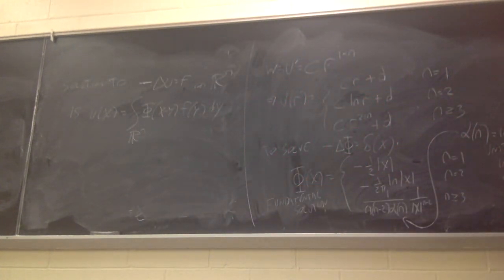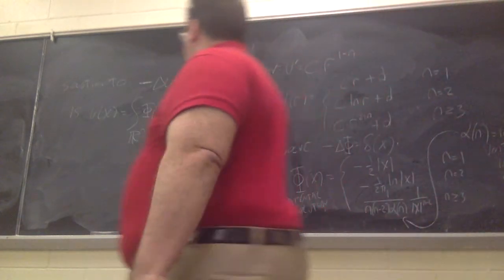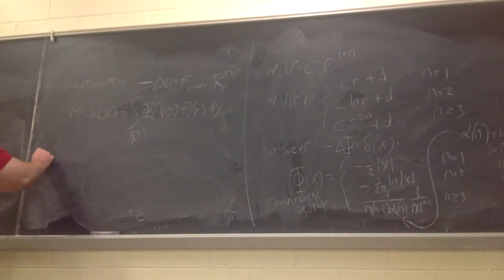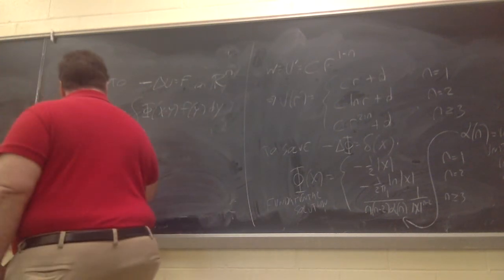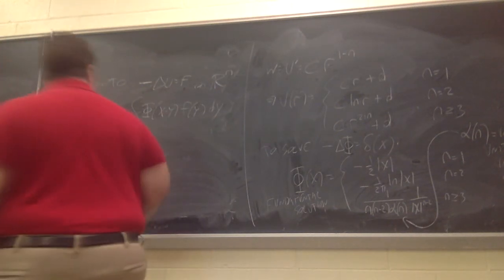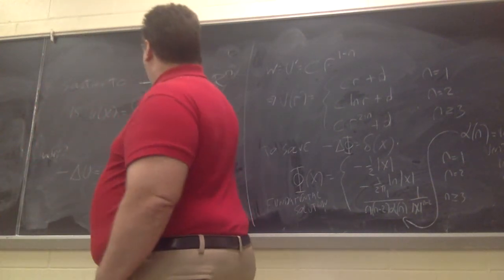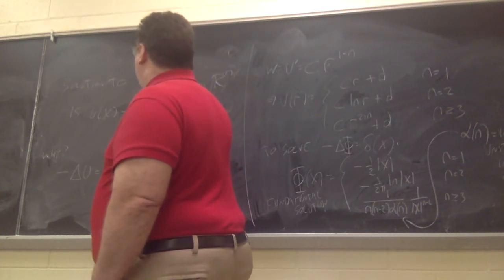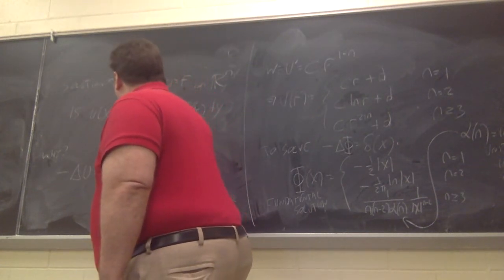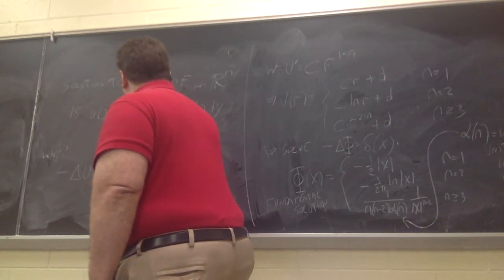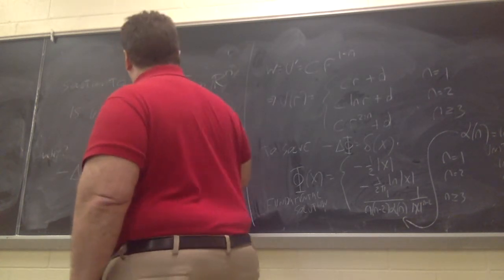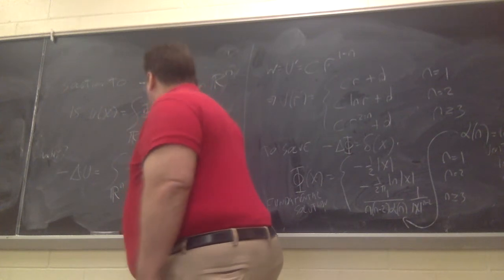I'll show you real quick why that works. Because if I take a minus Laplacian of both sides, then I'm taking a Laplacian of whatever depends on x, which is only this. So minus Laplacian of phi, and Laplacian doesn't depend on shifts.